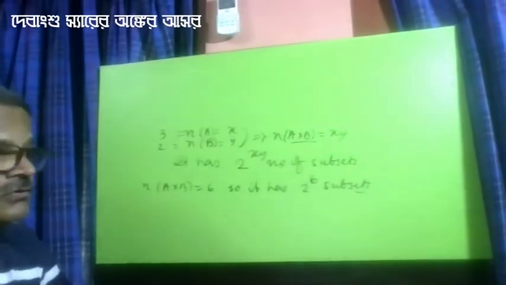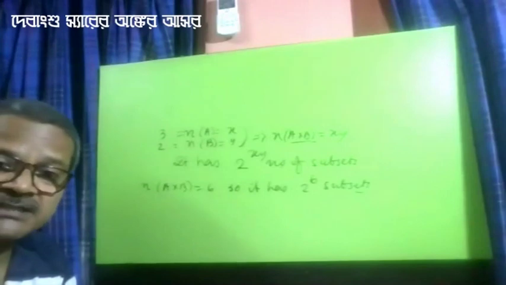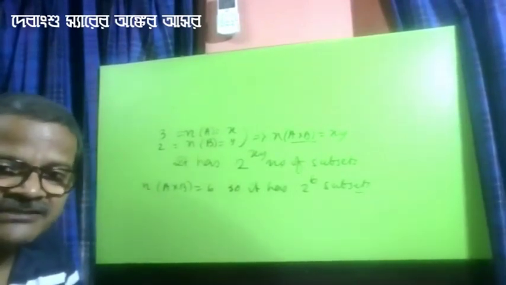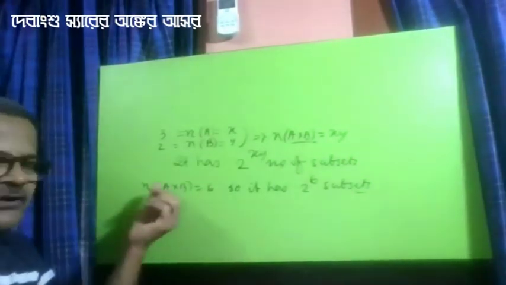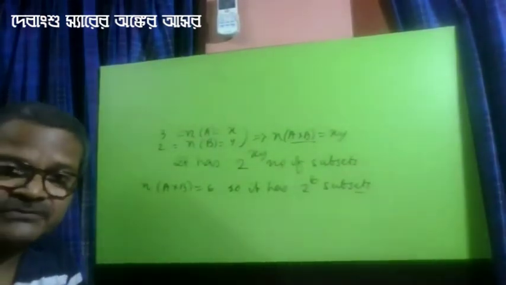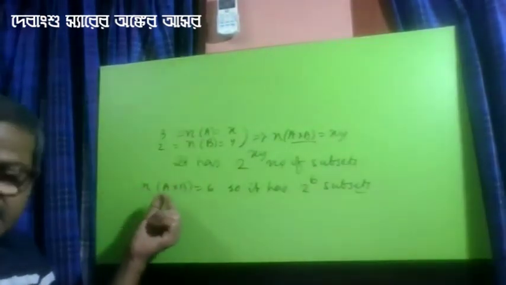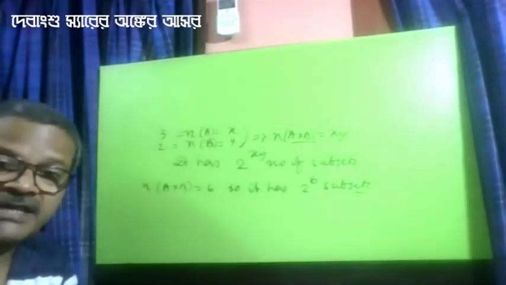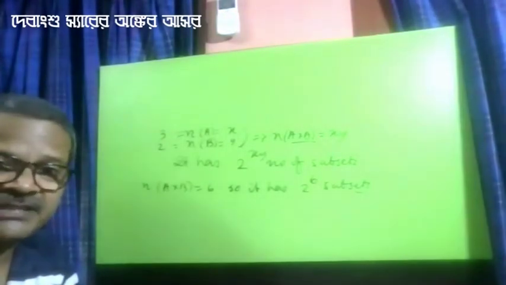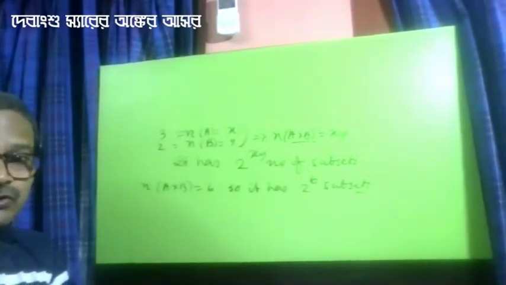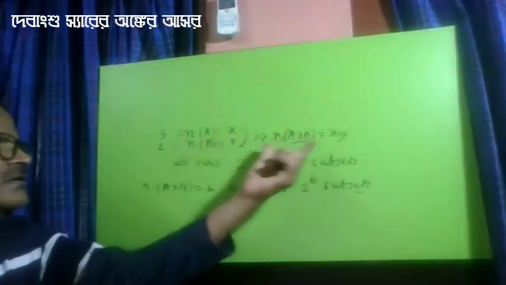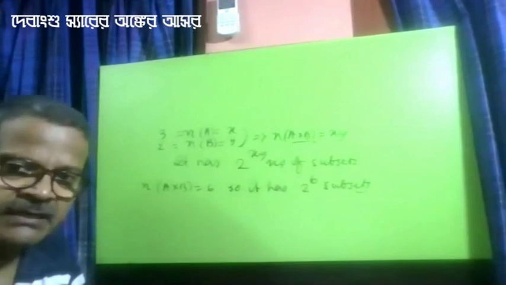Do you know what is the special name of these subsets? All these subsets are called a relation from A to B. All these 2 to the power 6, that is 64 subsets of A×B, are called a relation from A to B. This is the definition of relation. So to start learning about relation, we learned about Cartesian product.